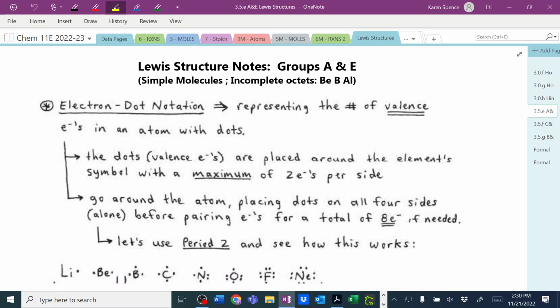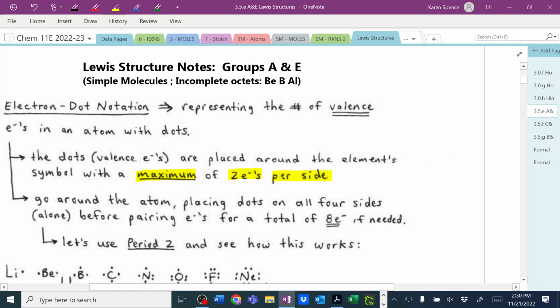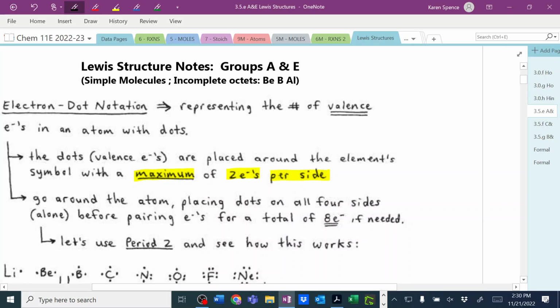The dots are placed around the element symbol with a maximum of 2 electrons per side. Okay, so maximum is going to look like this. 1, 2, 3, 4, 5, 6, 7, 8.